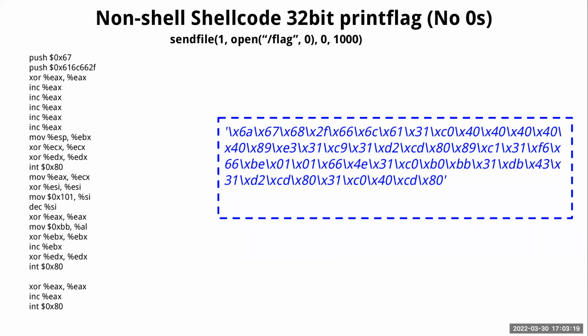Obviously, shellcode is just a piece of code. You can design it to do whatever you want. So here we are just sending the file. I also showed you shellcode to create another shell. It also depends on your CTF challenges, or if you're a hacker, on what your target is. You will craft your own shellcode.